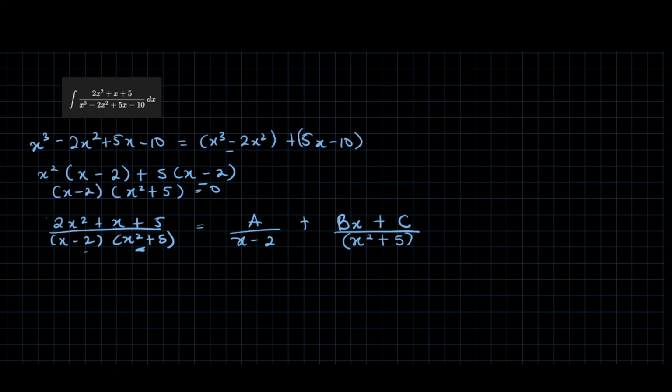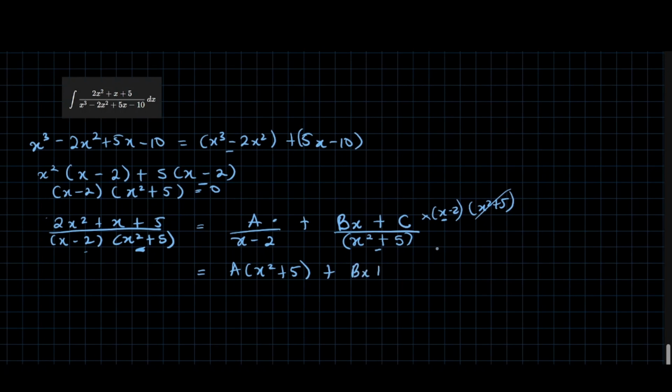You can just multiply both sides by (x minus 2)(x squared plus 5), that's the denominator. Let's start with A: multiplying, it cancels, leaving you with A times (x squared plus 5), plus, multiplying into B, it cancels, leaving you with (Bx plus C) times (x minus 2).